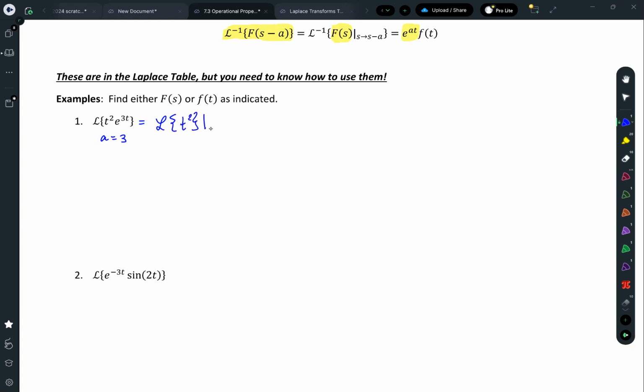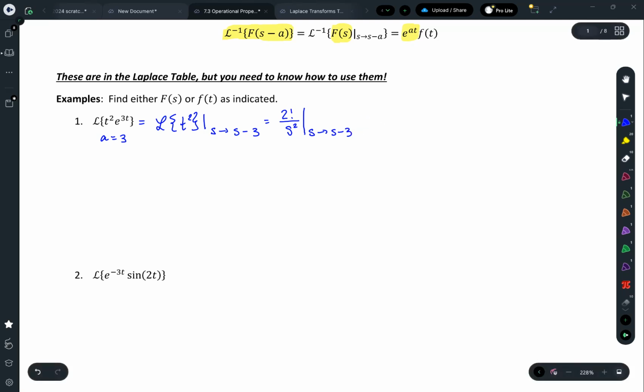Outside of the curly brackets, I evaluate s going to s minus 3. Okay, well, the Laplace transform of t squared, that's the one that's going to give us 2 factorial over s squared. And then that is going to be evaluated where s goes to s minus 3.